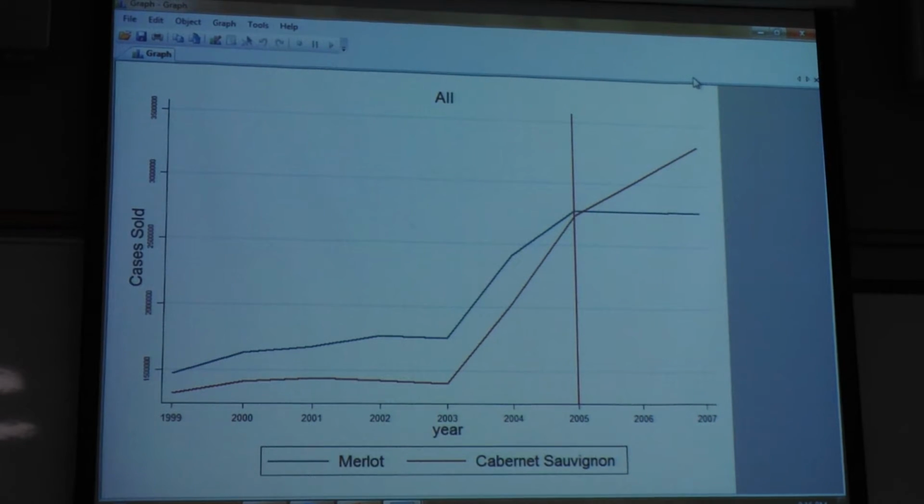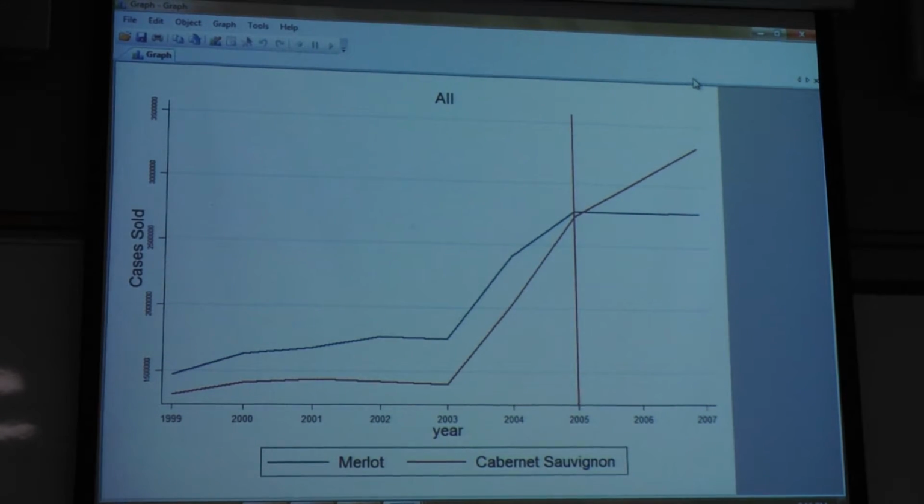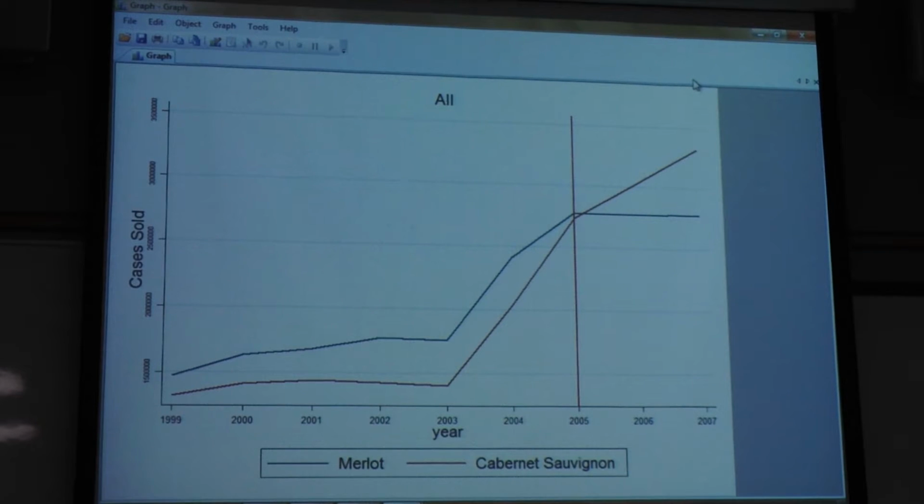But if we were to just look at a graph starting from here, right? You could say what? The treatment had a great effect. But when you look at the graph starting from here, you say the treatment had no effect.